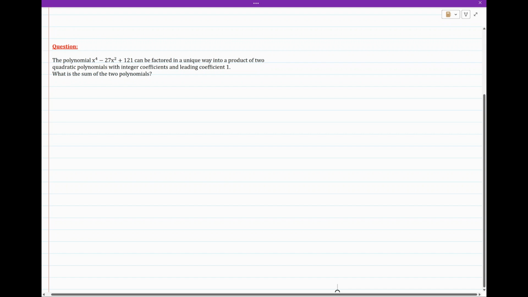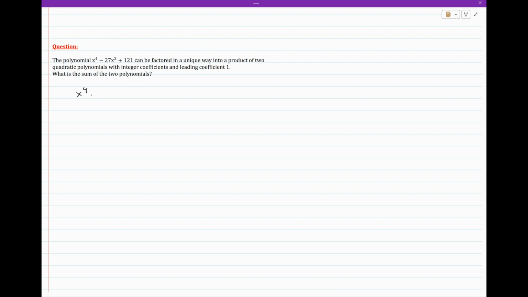So, the given polynomial is x4 minus 27 x squared plus 121, and this should be the product of two quadratic polynomials.